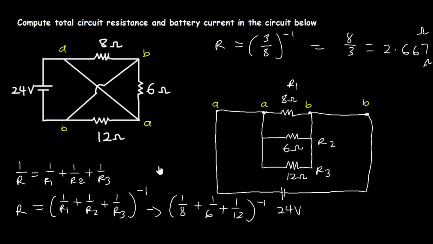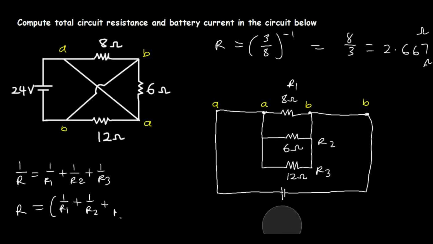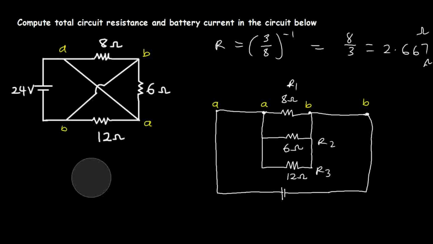The next question was to calculate the current in the circuit. So how are you going to calculate this current in the circuit here? You can apply Ohm's law, which is voltage equals current times resistance. So the current equals the voltage over the resistance. You know the voltage is 24 volts, and the resistance is 2.667 ohms.